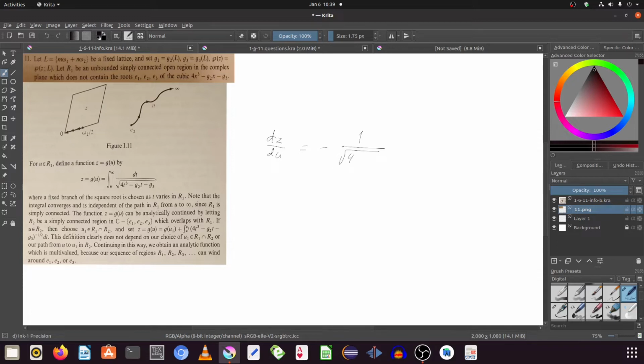And we put in u for t. So the squared one.